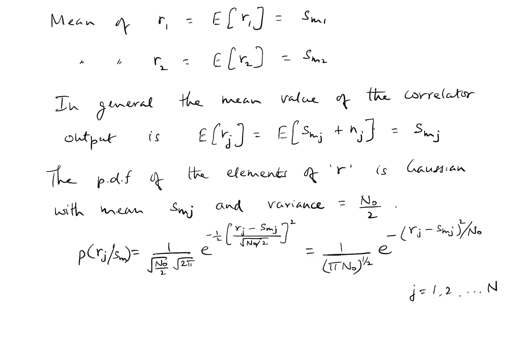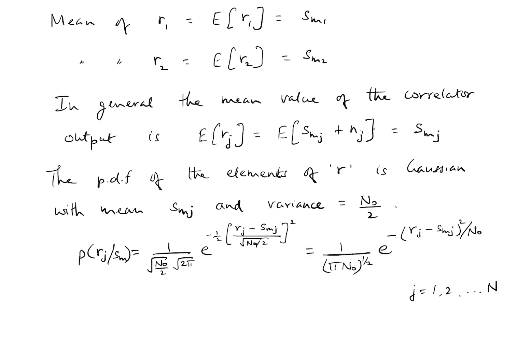That way we can find the conditional PDFs for each of the elements of the received signal vector. The next thing we want to do is to find the conditional PDF of the entire received signal vector r. We know the conditional PDF of each element now.